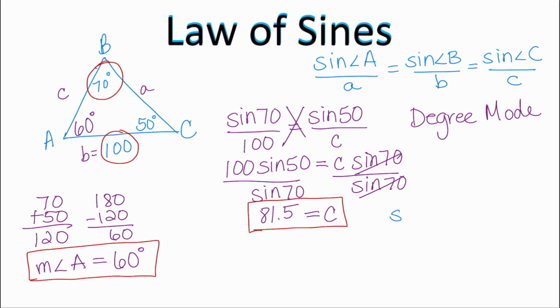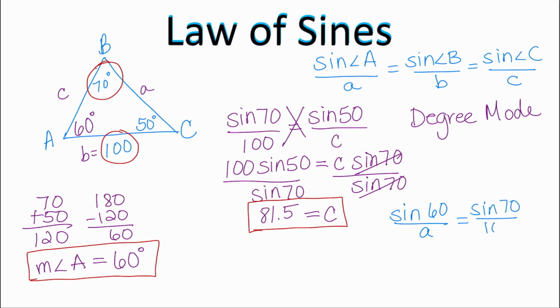That means the sine of 60 degrees is to a as, and now you have a choice. You can work with either the sine of 50 is to 81.5 or the sine of 70 is to 100.